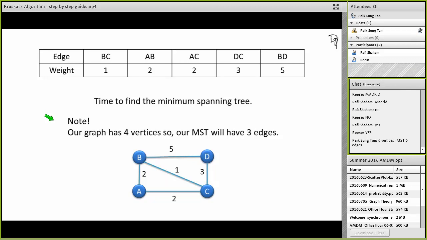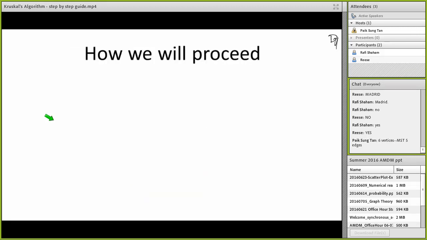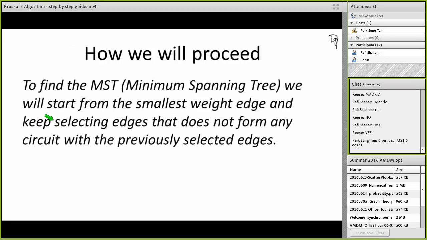It's only 1 less edge compared to the number of vertices. If you have 6 vertices and 6 edges, 1 is extra that you can get rid of. Since we have 4 vertices in this graph, I only need to keep 3 of them. We have 5 here, so whichever makes a loop or duplicate, I will get rid of it.